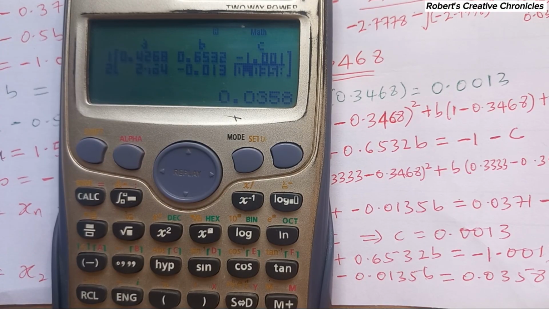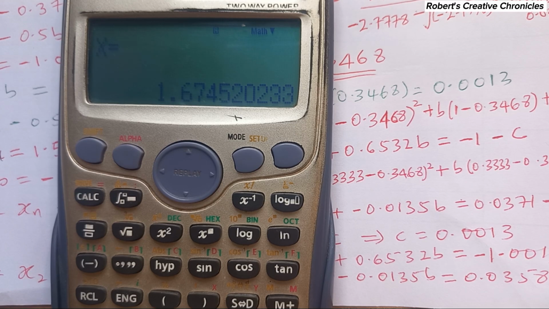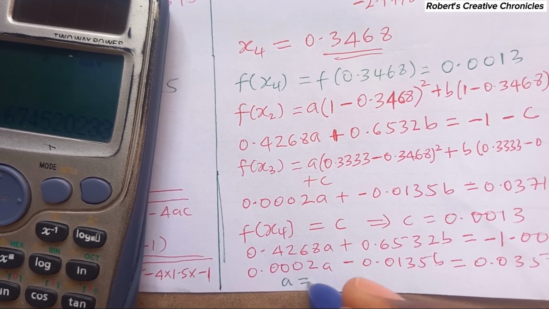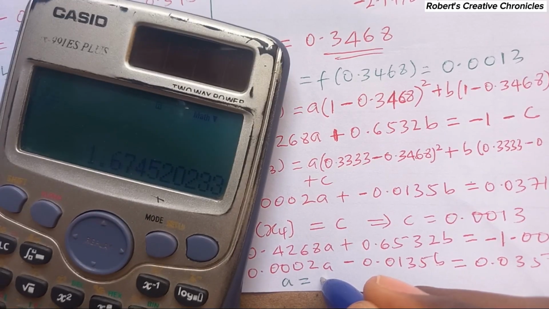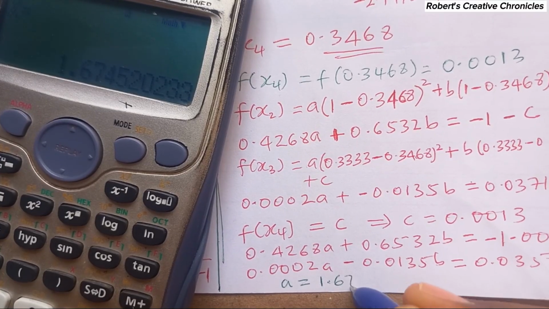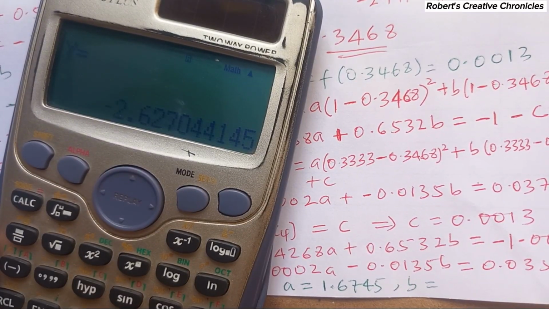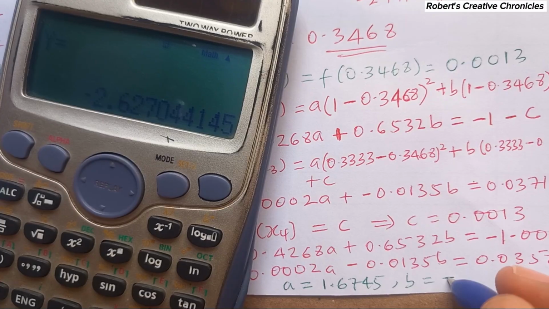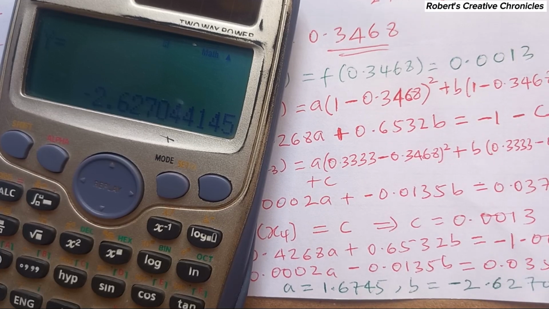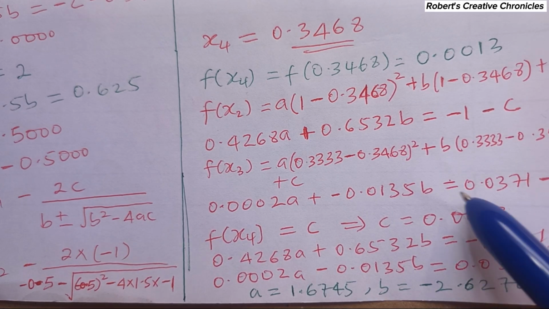So this is 1.6745. So A now is what? 1.6745. Then B is what? Negative 2.6270. So this is A and B, and here is C.